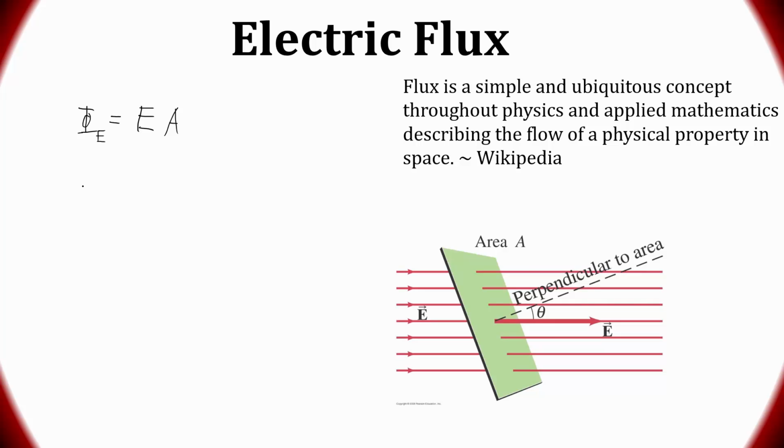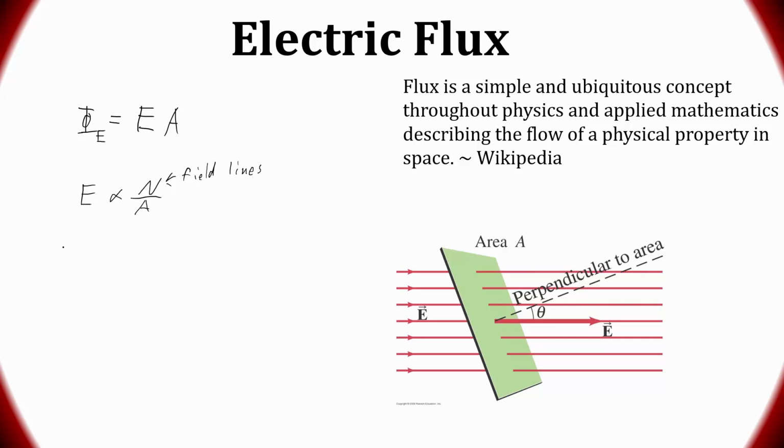Now we already know a little bit about the electric field. We know that it's proportional to the number of field lines per unit area. Because we said as field lines are more densely packed, that corresponds to a greater electric field.